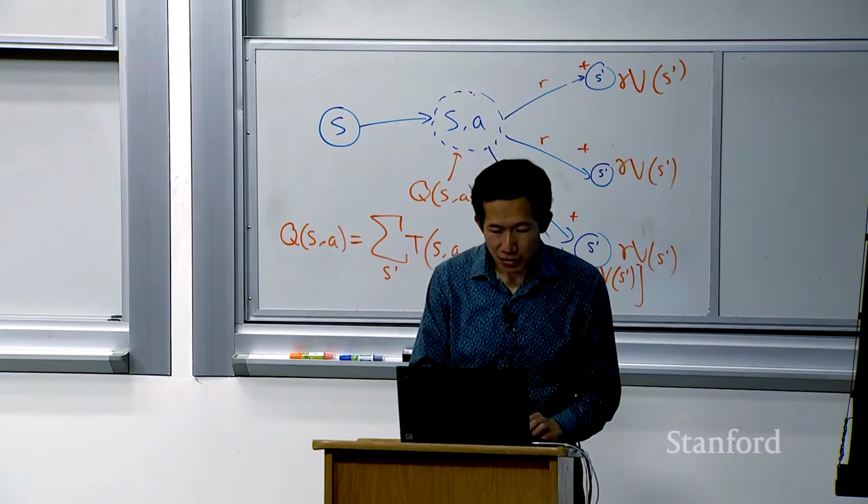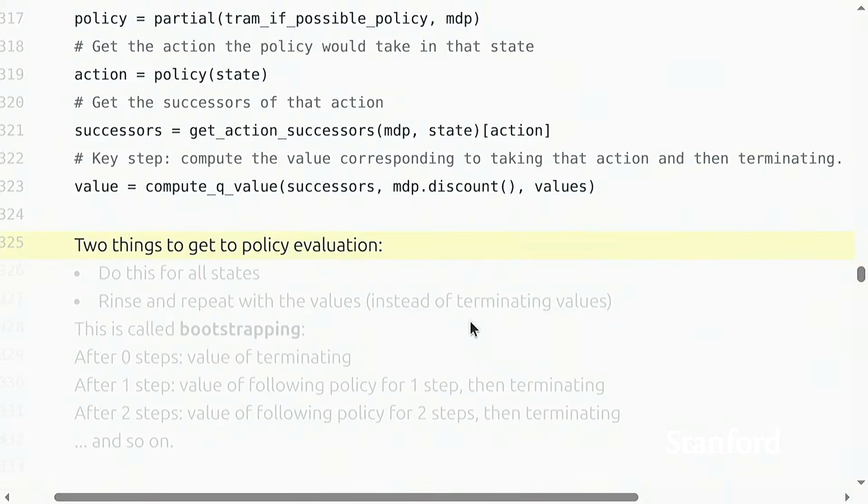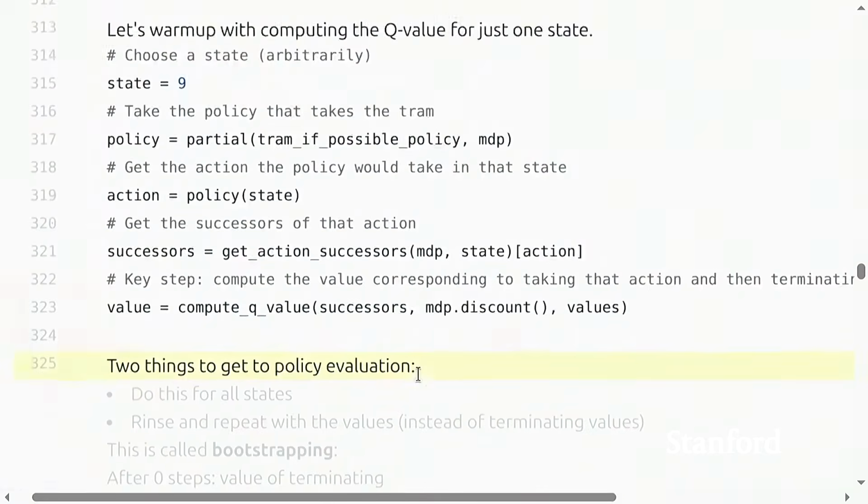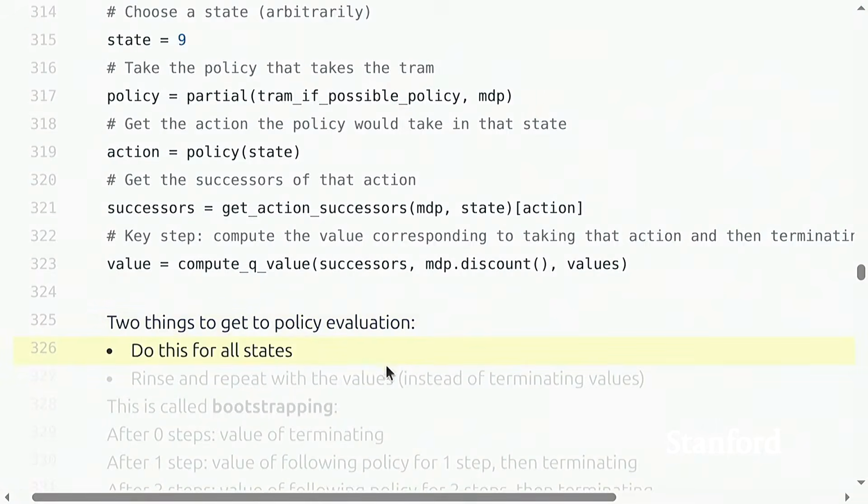Okay, so we're almost there to policy evaluation. One thing I need to do is I need to do this for all the states instead of just state 9. And then the key step is that I need to repeat this.